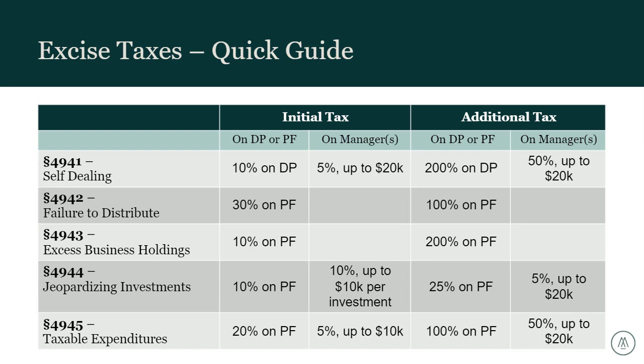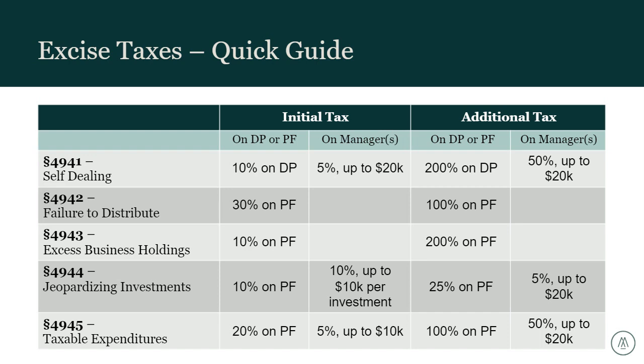And then the last one we have here on the slide is taxable expenditures, which is 20% on the private foundation. It also can be assessed on the manager at 5% up to $10,000. And then the additional tax would be 100% on the private foundation, and then 50% on the manager up to $20,000.